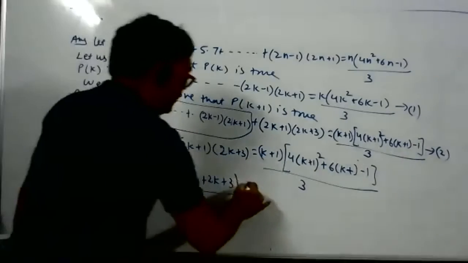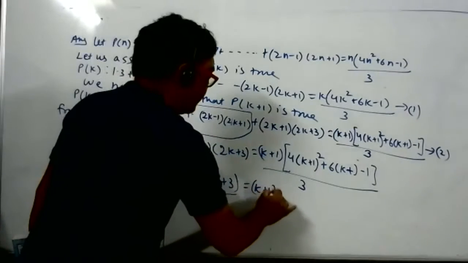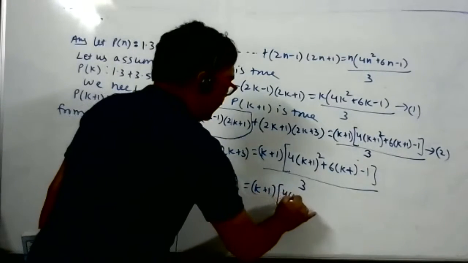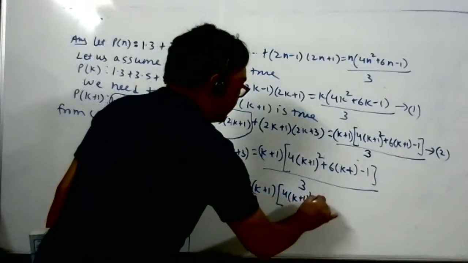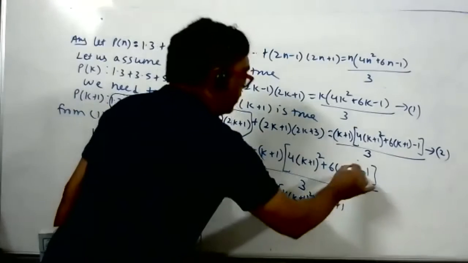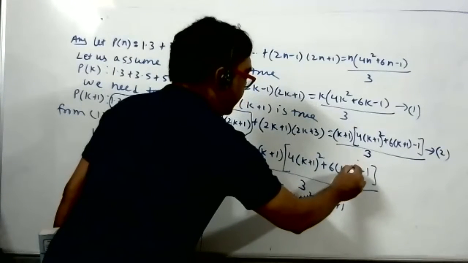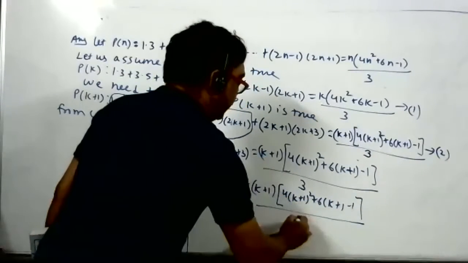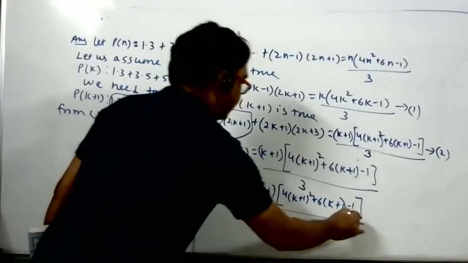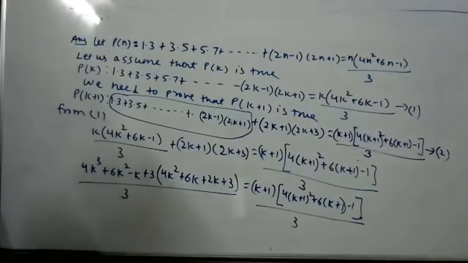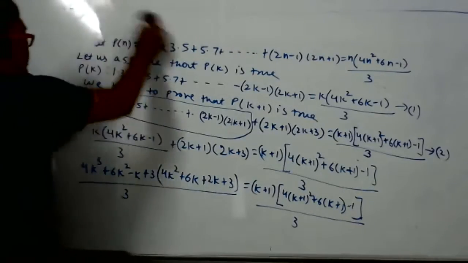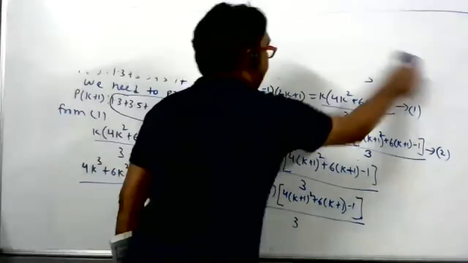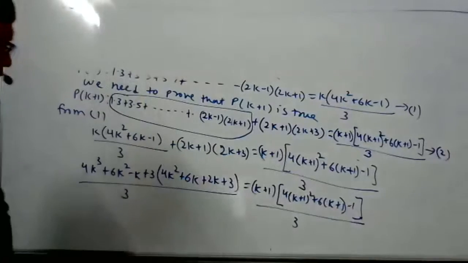The right side is obviously the same, k plus 1 whole square plus 6k plus 1, minus 1 by 3. You don't need to write the right side so many times. Now we can further open the bracket, simplify, and add like terms. Nothing more we can do.